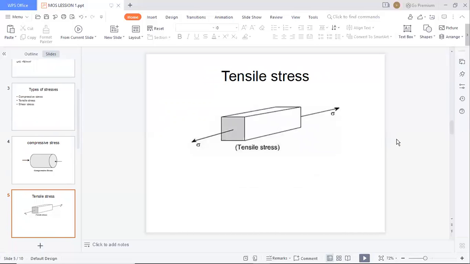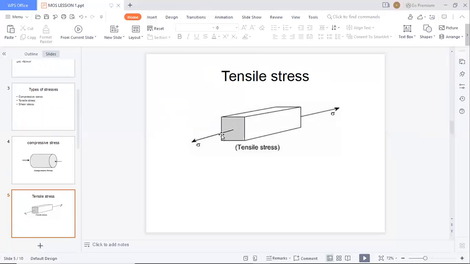Next one, the tensile stress. First, what is meant by the tensile force? The tensile force is the force on a particular body with a pull action. So this is the tensile force, with arrow marks like this.